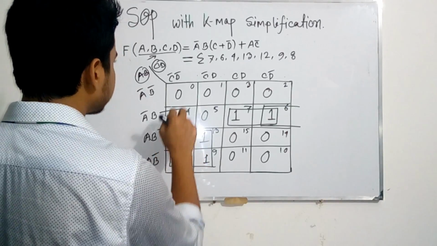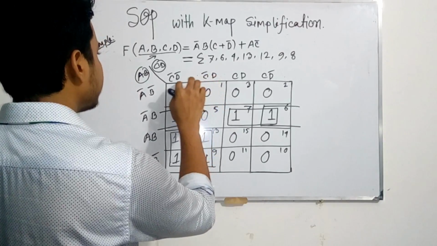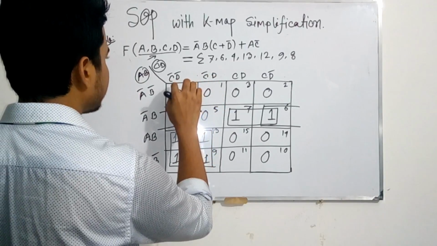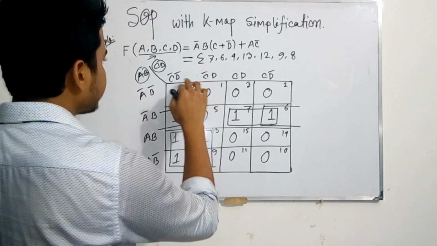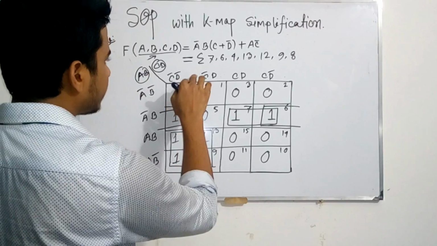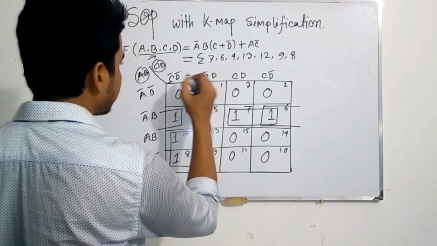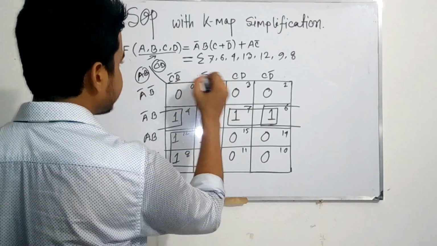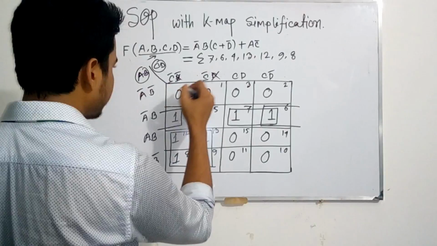For this box, the variable that changes we cannot take; the variable that remains the same, we pick up. So here C naught, here also C naught, here D naught, here D changes. So we remove D and just take C naught from this column.